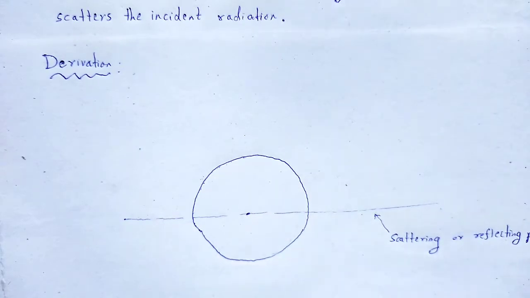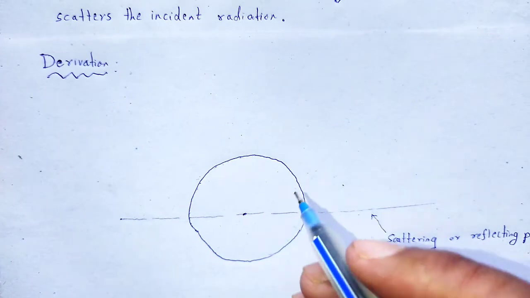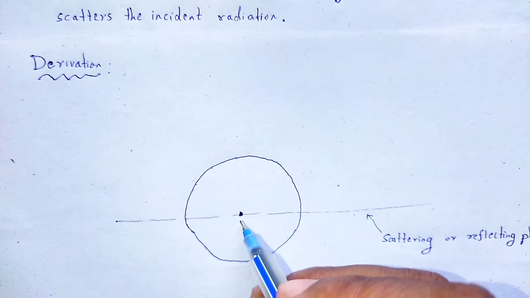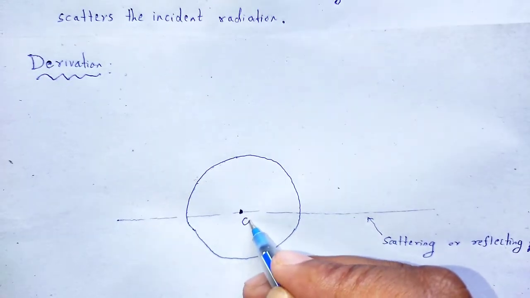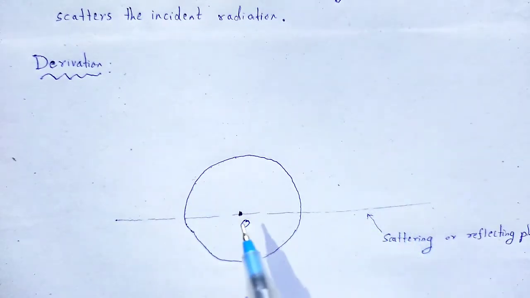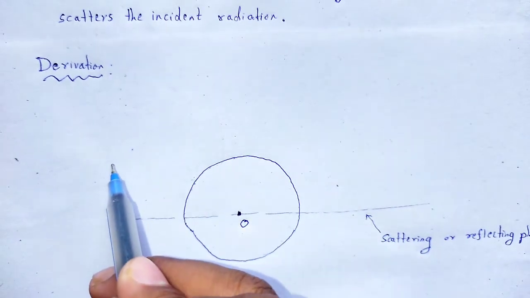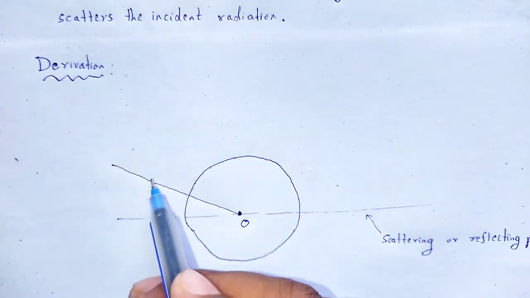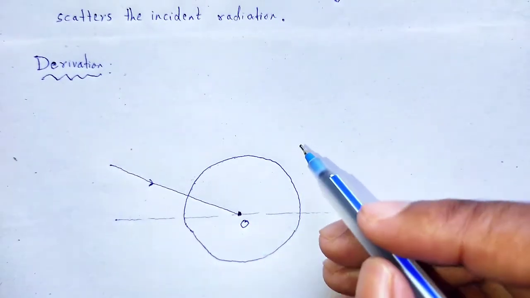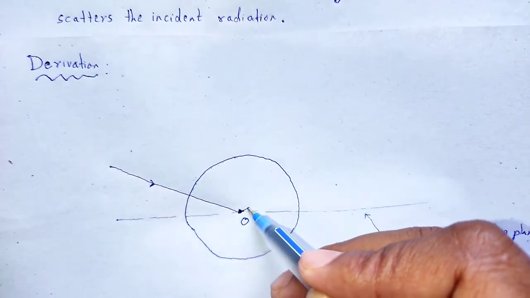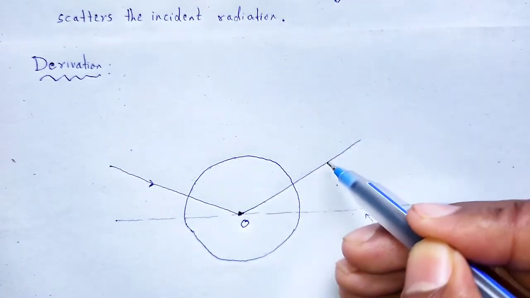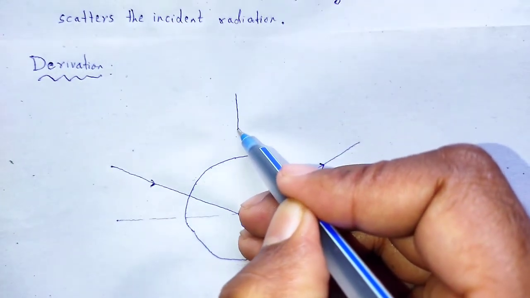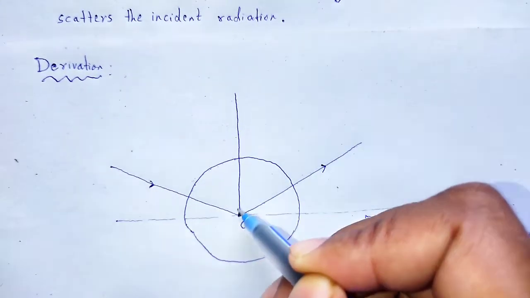To show the atomic scattering factor, we consider an electron at the center, and the incident ray and the scattered ray make the same angle with the normal.